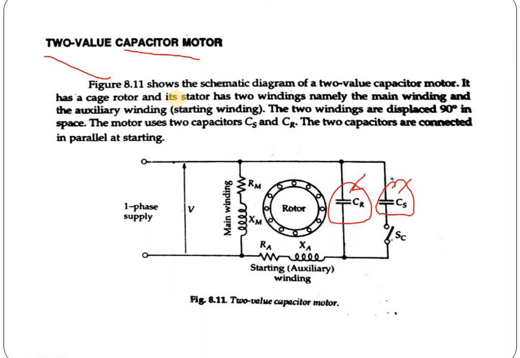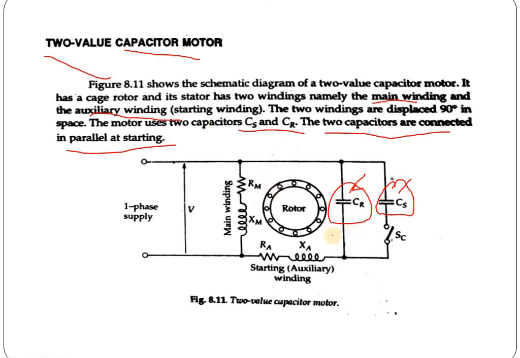This is basically a cage rotor, and its stator has two windings, namely the main winding and the auxiliary or starting winding. The two windings are displaced 90 degrees in space, and the motor uses two capacitors, the starting capacitor CS and the running capacitor CR, which are connected in parallel at the time of starting.